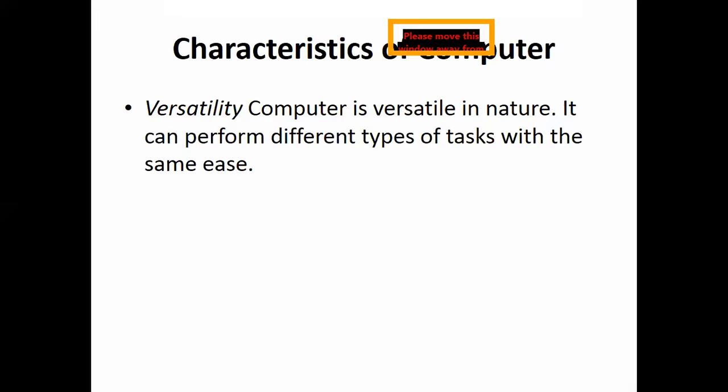There are different types of tasks that we have. Some tasks, for example, require calculations, others don't. But with computer systems, they are able to perform these different tasks at the same rate, and because of that, they are attractive.